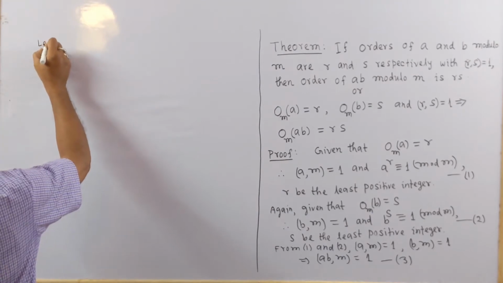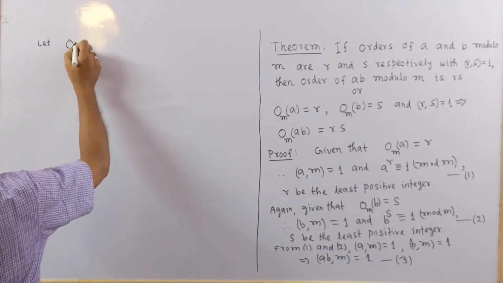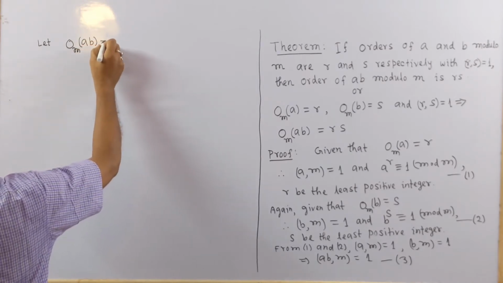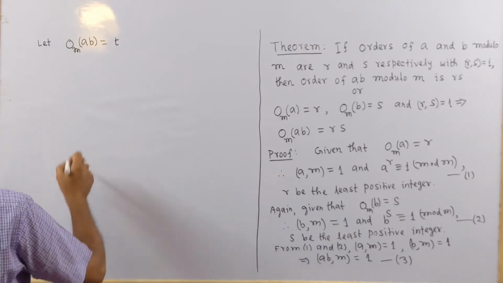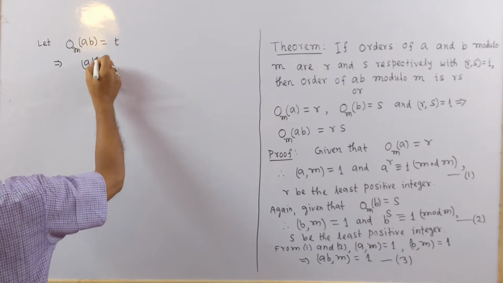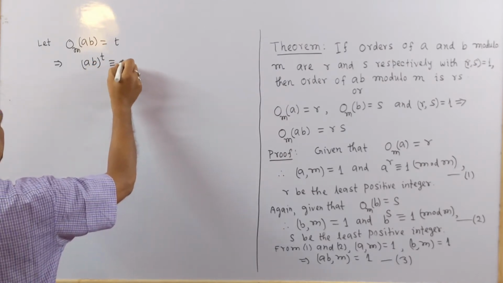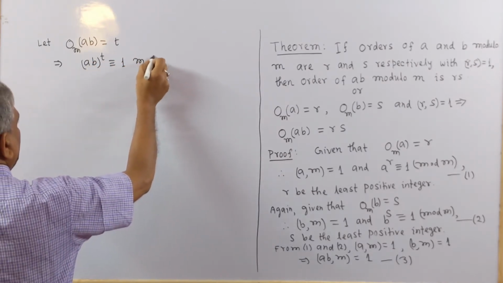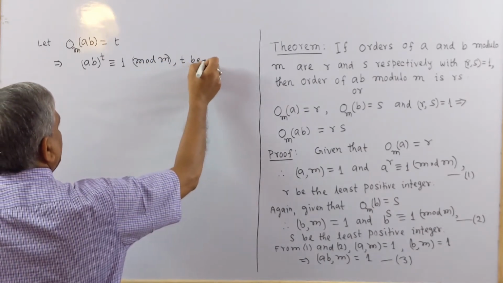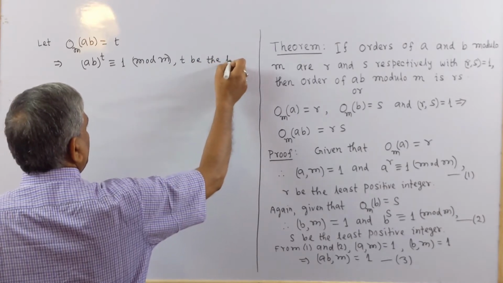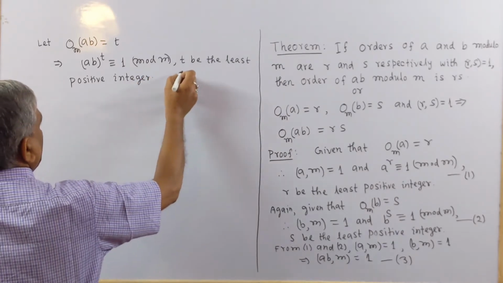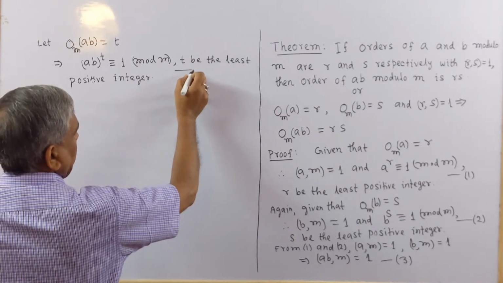Let order of ab modulo m equal to t, implies that ab to the power t is congruent to 1 modulo m, where t is the least positive integer. Let this be number 4.